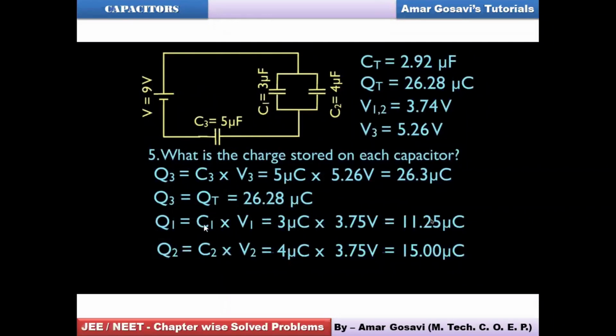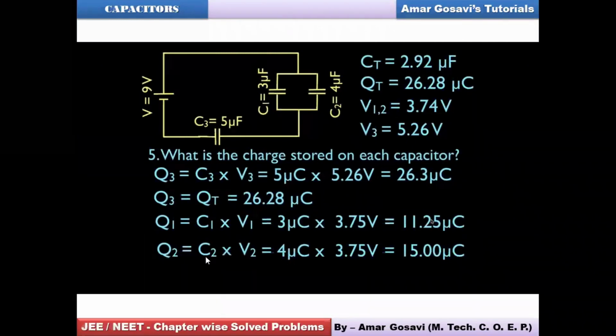Q1 can be worked out as C1 into V1. We know C1 is 3 microfarad, and V1 we have worked out, 3.75. For 1 and 2 it was somewhere around 3.74 with some digits after the decimal; in totality, it is 3.75. So we can work out Q1 as 11.25 microcoulomb.